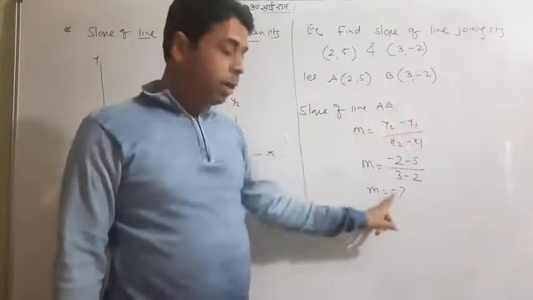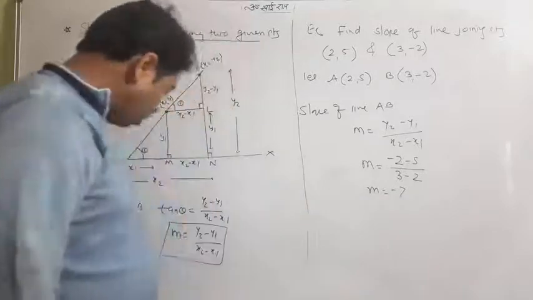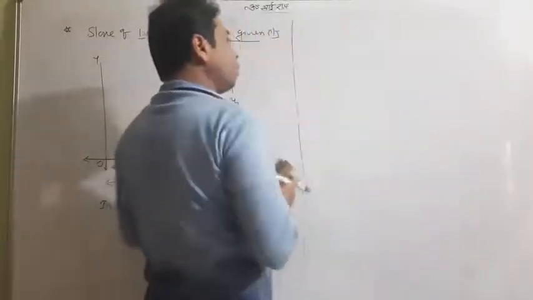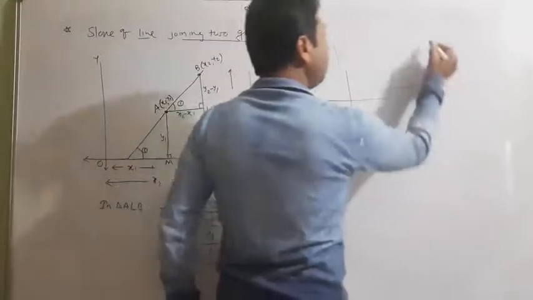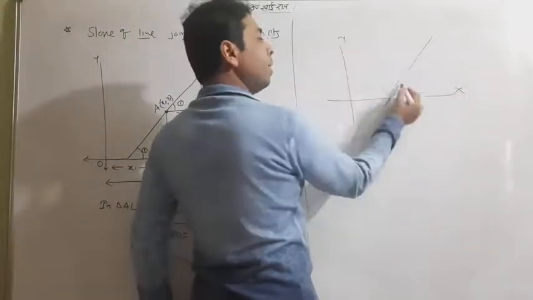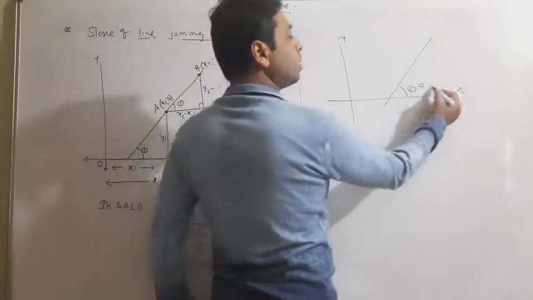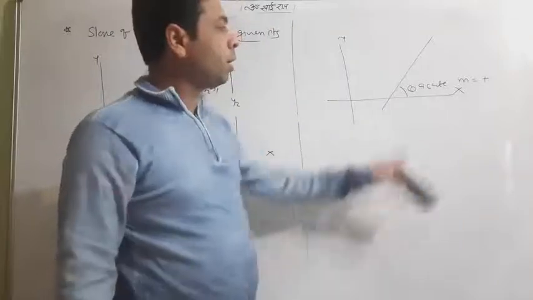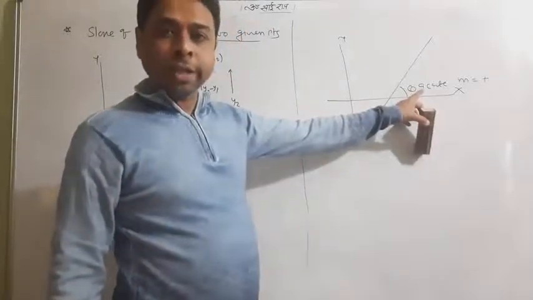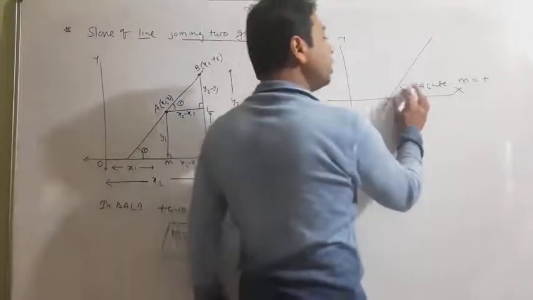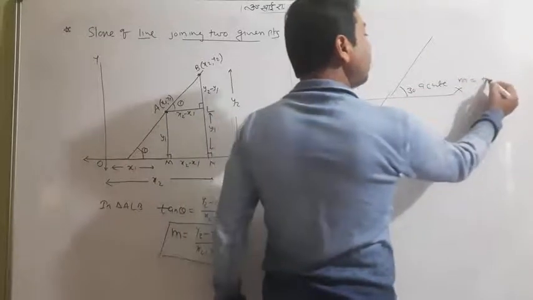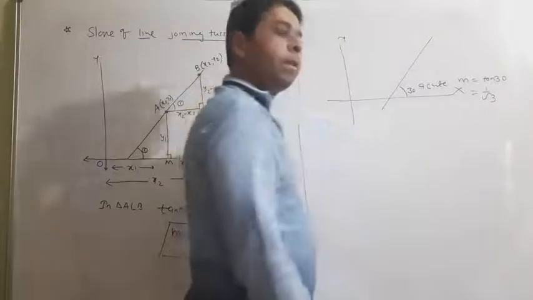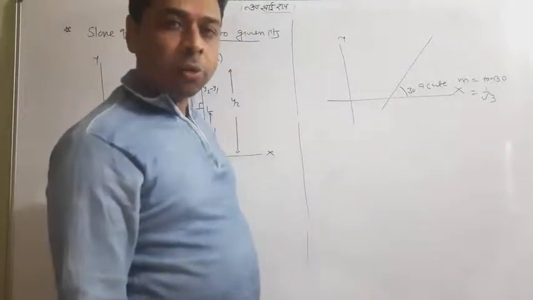Whether m is negative or positive depends on the inclination of the line. When the line makes an acute angle with the x-axis, m will be positive. Suppose theta is 30 degrees, so m equals tan 30, which is 1 by root 3, which is positive. So when theta is acute, m is positive.